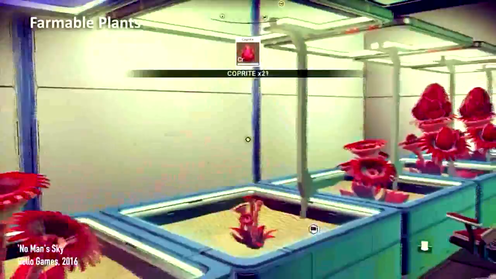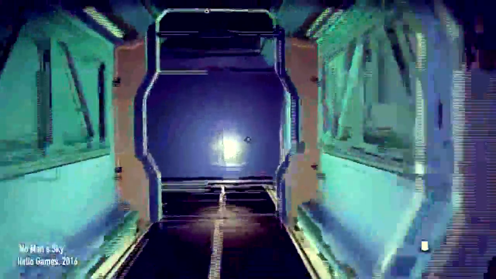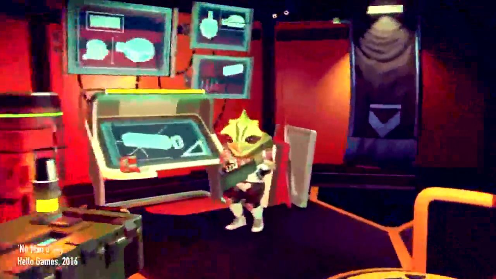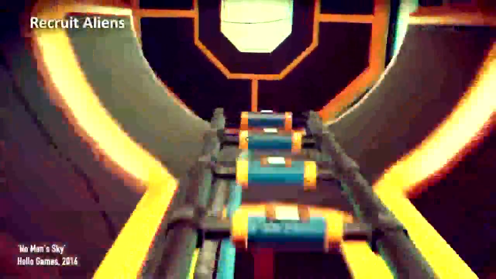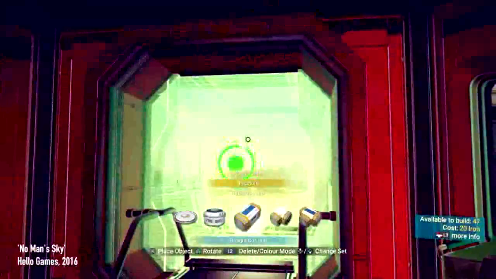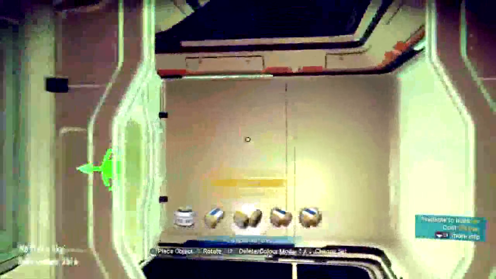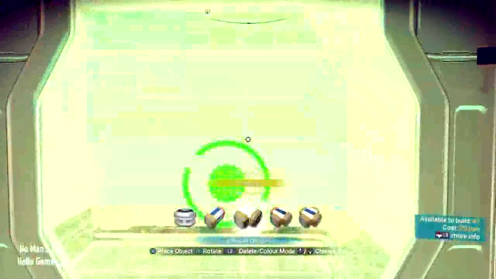Plants grow over time, meaning biome-dependent crops can be cultivated outdoors or inside hydroponic labs. Alien life forms are available for recruitment in orbital space stations. Farming, weapon, scientist, and engineering specialists are available to hire and will help research new discoveries. Simple, intuitive controls allow functional constructs to be erected and decorated in moments, replicated from gathered resources.